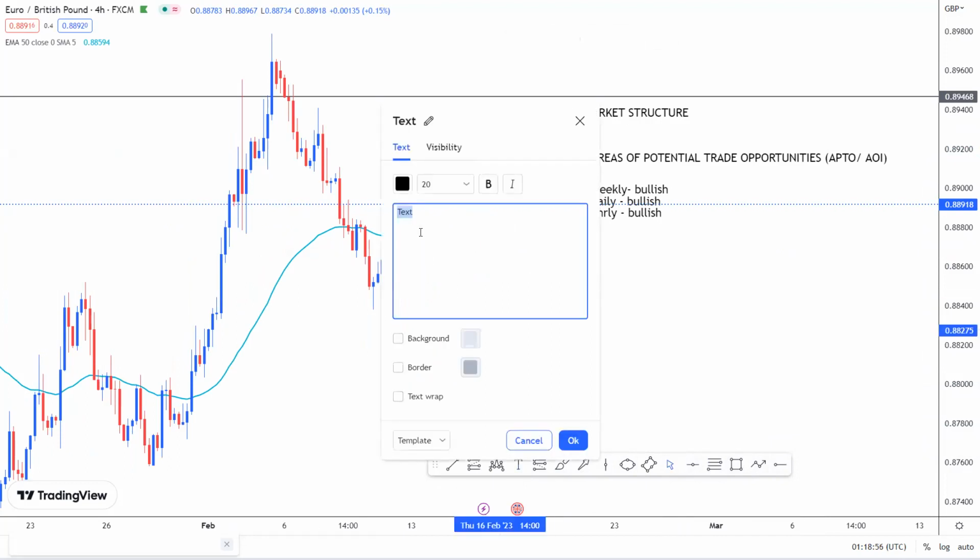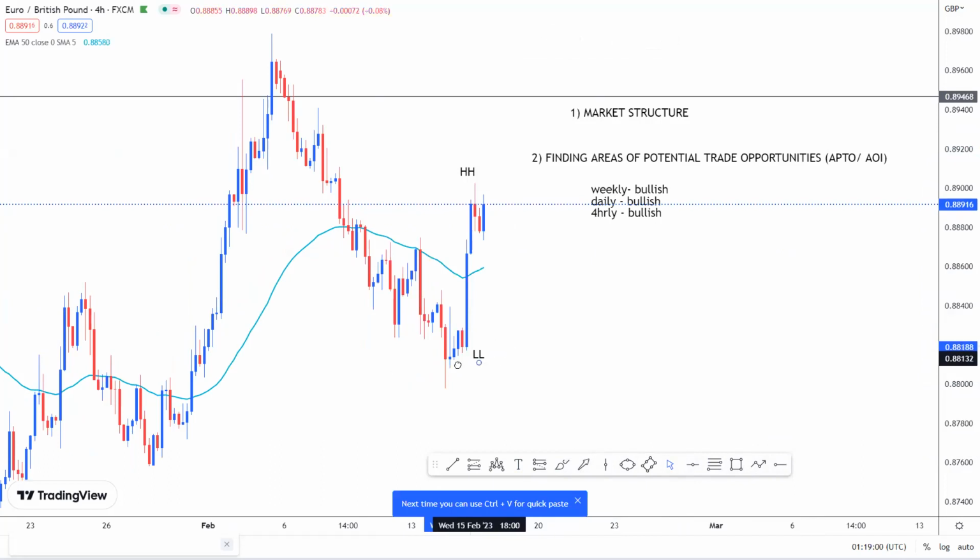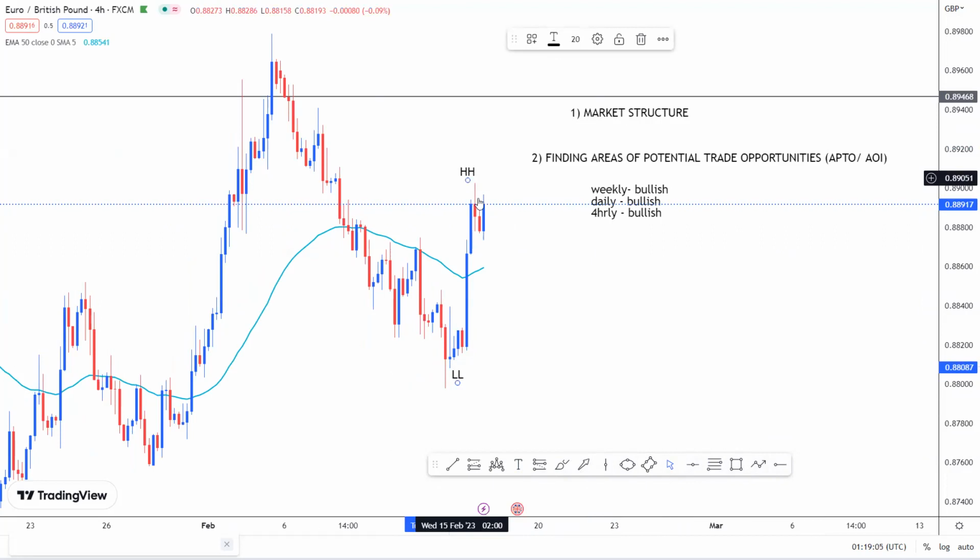And then we have the swing low that led to this high right here.